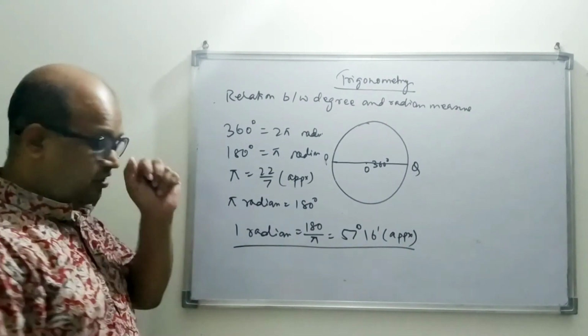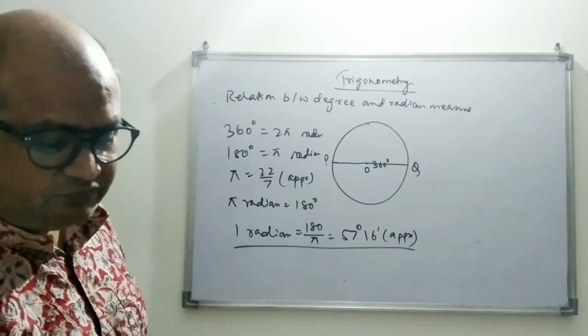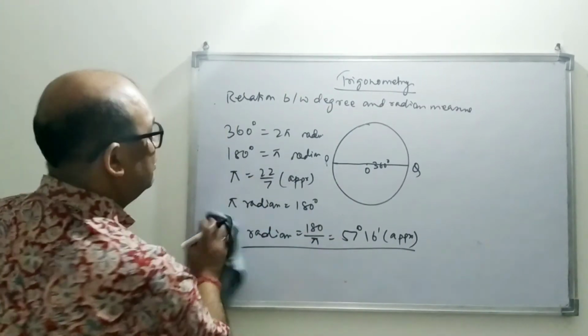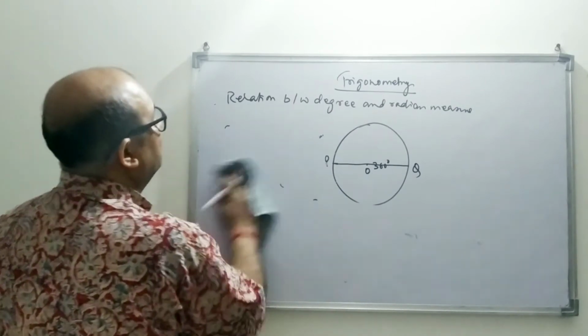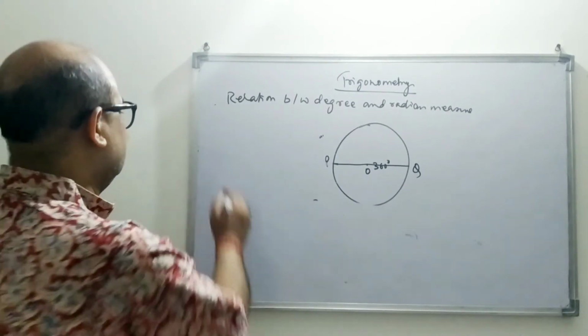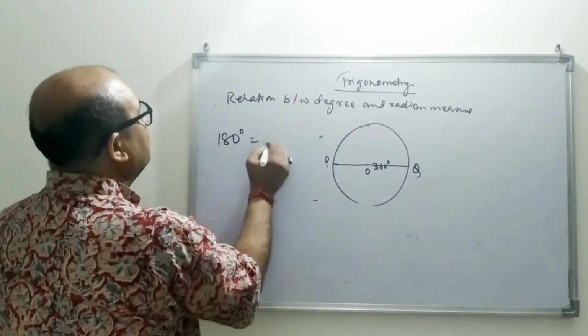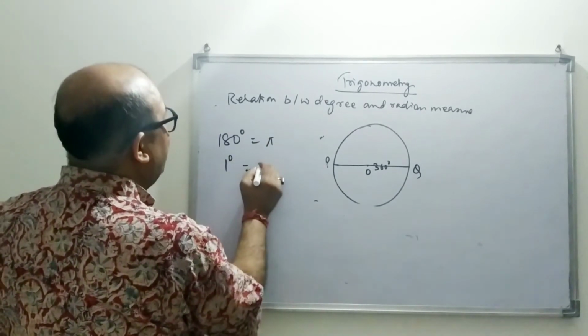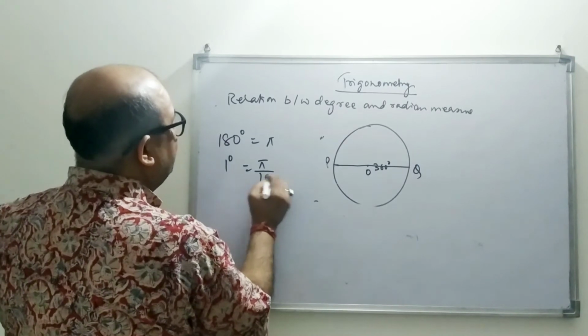Similarly, 180 degree equals pi radian. So 1 degree equals pi by 180.